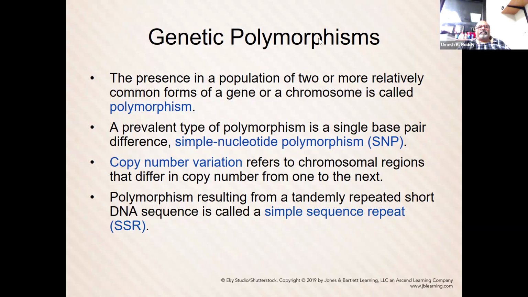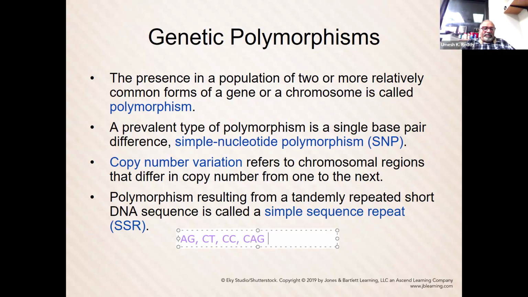That is AG, CT, CC repeats. They are dinucleotide or trinucleotide, CAG, GAC, or GGA, or CCT, any of them. So these kinds of repeats, these are the units.